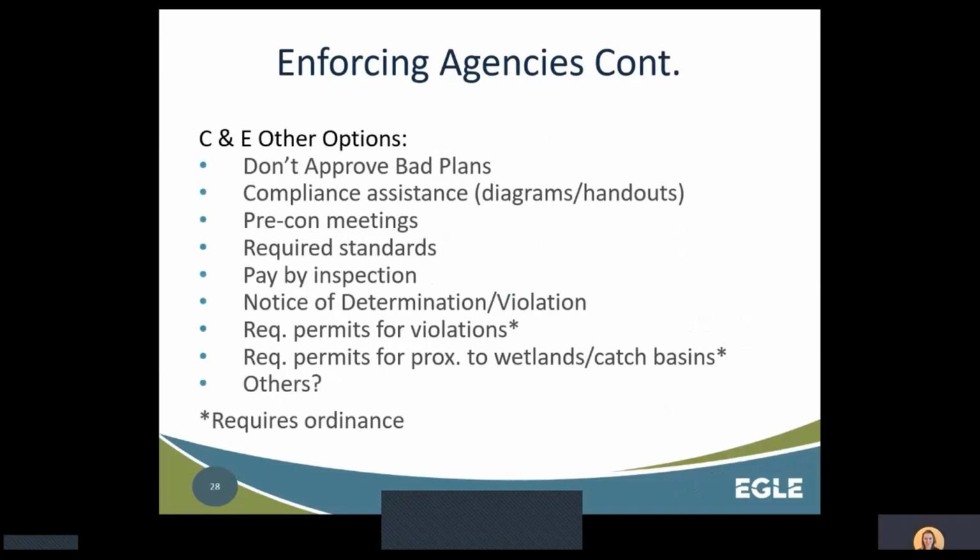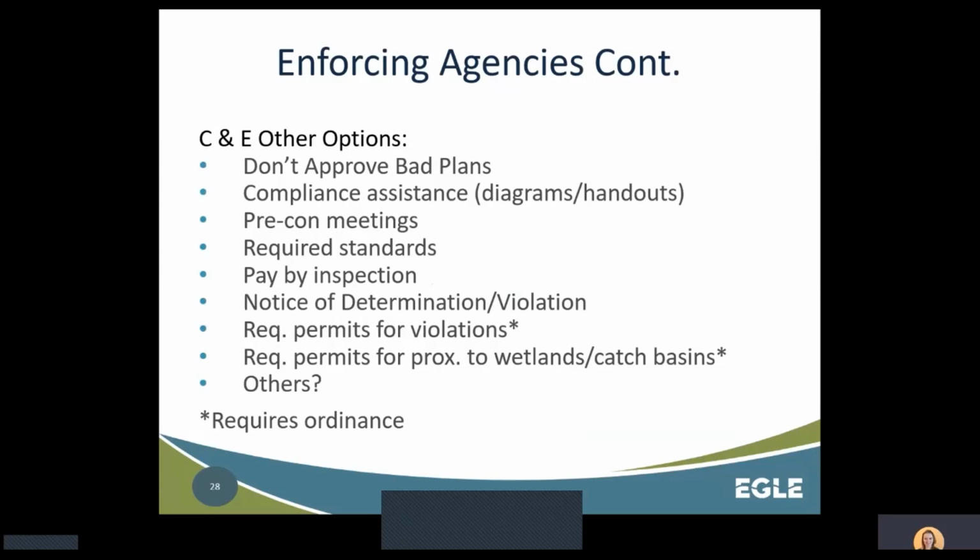Listed here are some other options for compliance and enforcement by enforcing agencies. This list is not in the manual, but are good things for agencies to think about when implementing their program. Approving good SCSC plans makes it much easier for agencies to enforce the plans.